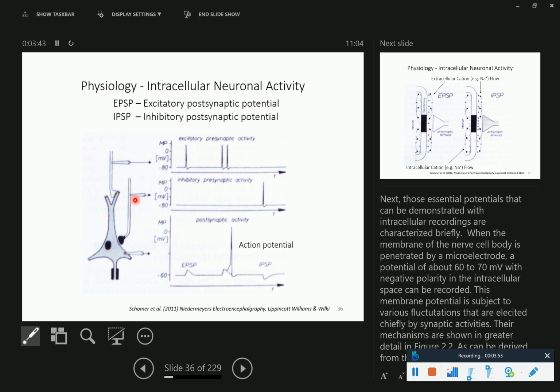But what's also happening, of course, and can happen, is that you have inhibitory presynaptic activity, which induces inhibitory postsynaptic potentials, so making potentials more negative here at the inside of the neuron, for example, by the opening of chloride channels. So this is the classical thing that you should definitely know from undergraduate neuroscience, let's say.